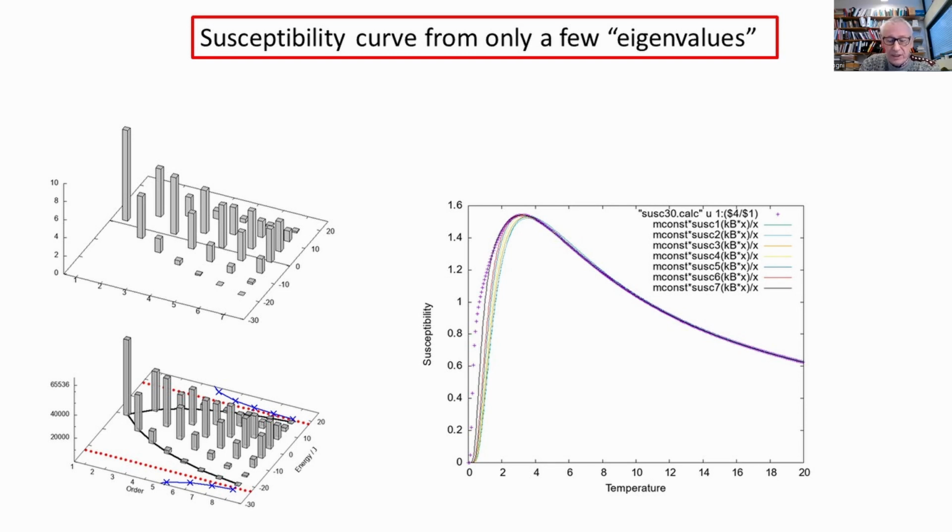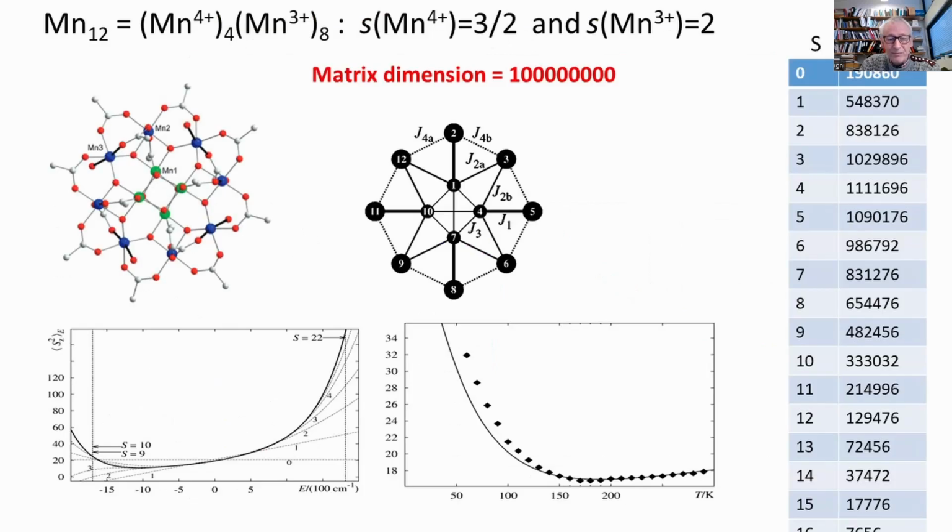And just to finish this formalism, showing it once again, see in this field, this manganese 12 cluster has had a special position, and it's composed of a central core of 4 manganese 4s and has 8 manganese 3s around it.